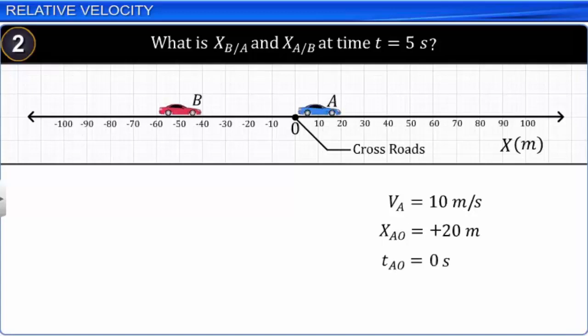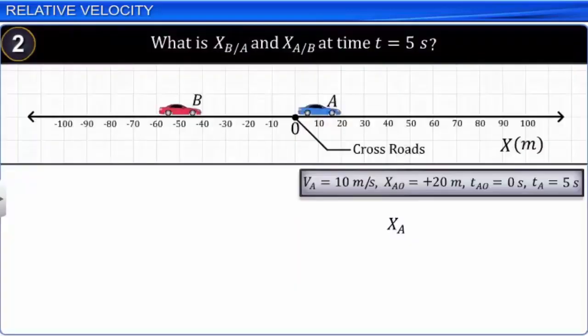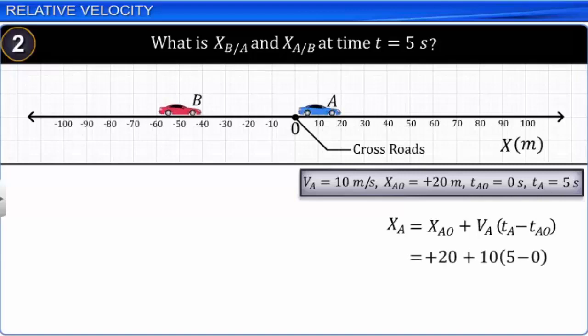We need to find xA. xA is equal to xAO plus vA into tA minus tAO. On substituting and simplifying, we get xA equal to plus 70 meters.